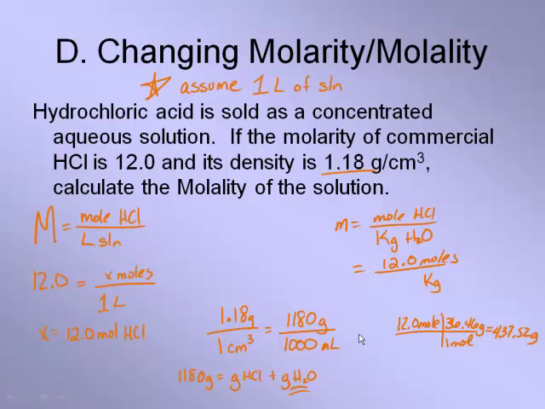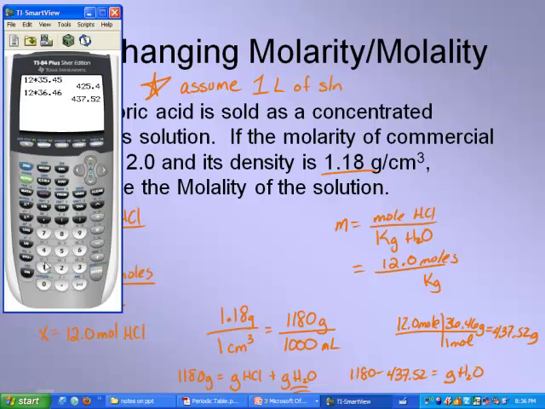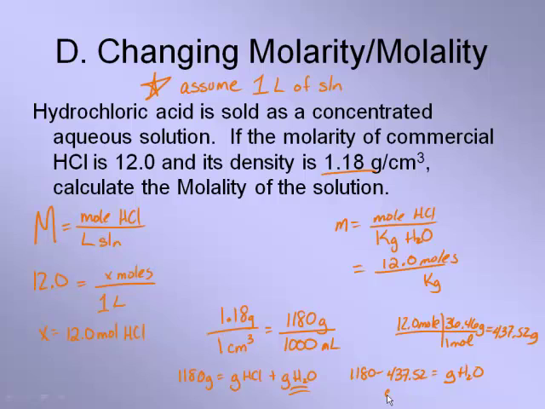Okay, so now my 1180 minus 437.52 is equal to the grams of my water, which is 742.48. Which would be 0.74248 kilograms.